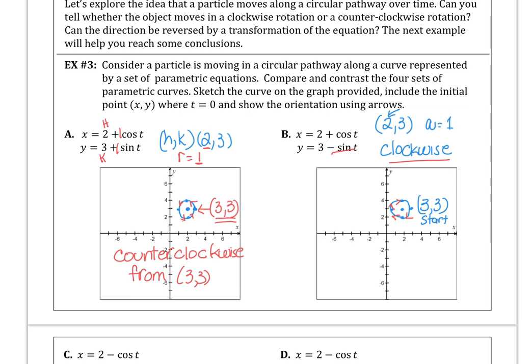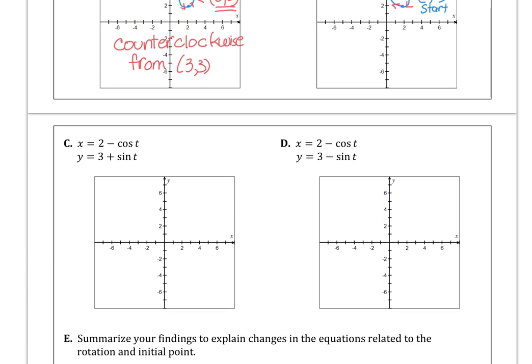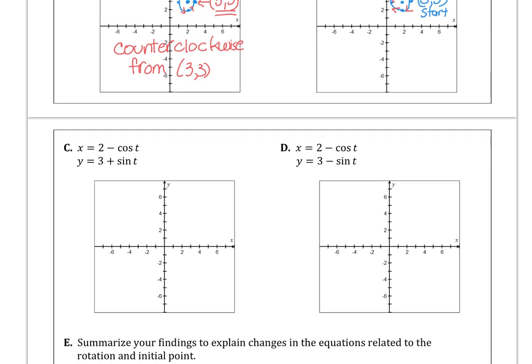Part C, 2 minus cosine is going to make it go clockwise. Our h and k is still 2, 3. I needed bigger graph paper here. The negative on cosine is going to go clockwise, but we're going to start at 1, 3, and clockwise would go down to 2, 2, 3, 3, and 2, 4.